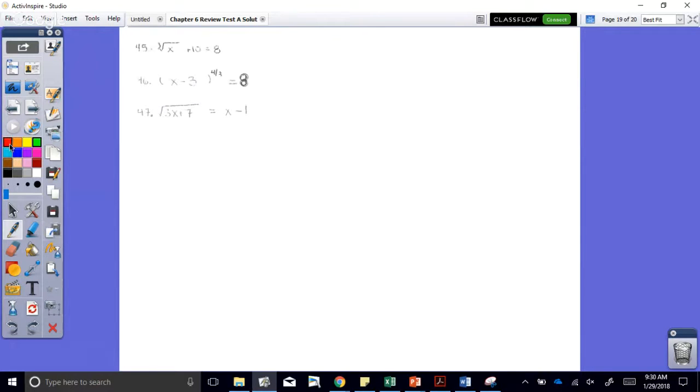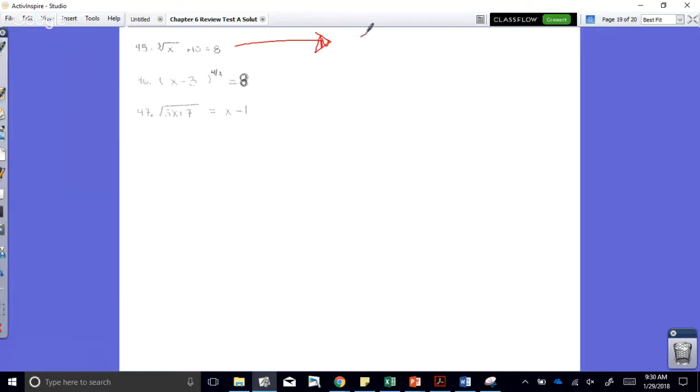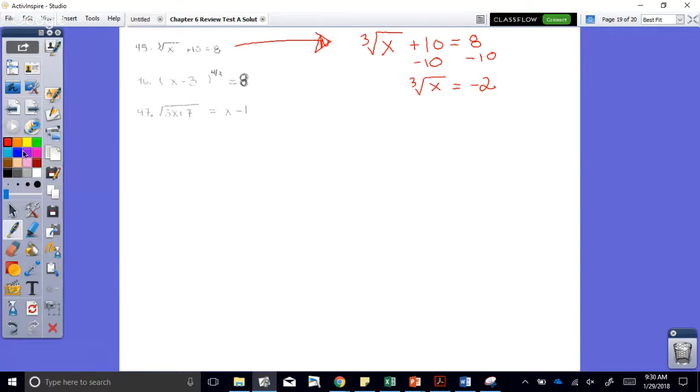Okay, last few, which is kind of hard to see, so I might have to rewrite it. I'll start with 45. 45 is the cube root of x plus 10 equals 8. First step is to isolate, so I'm going to subtract 10 from both sides. And I get the cube root of x is equal to negative 2. Now this time we have a negative, but it's an odd index. An odd index can be negative, so we can keep going.